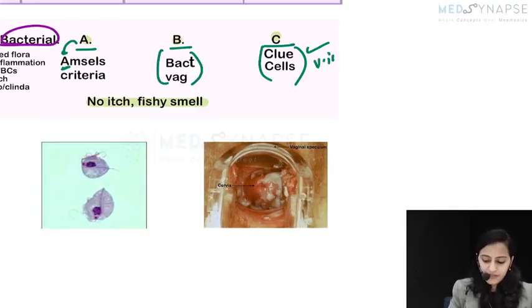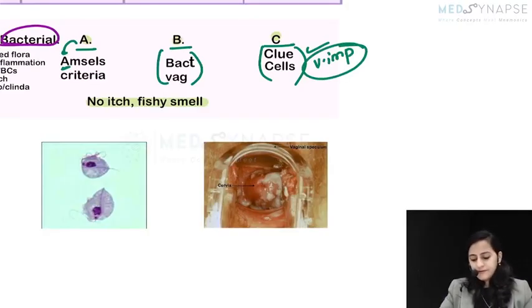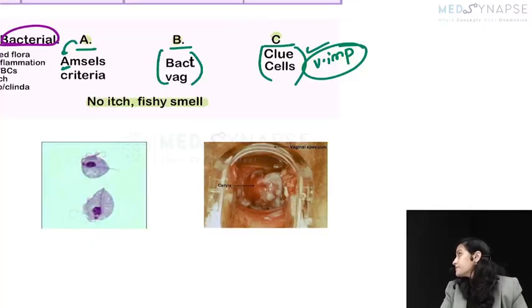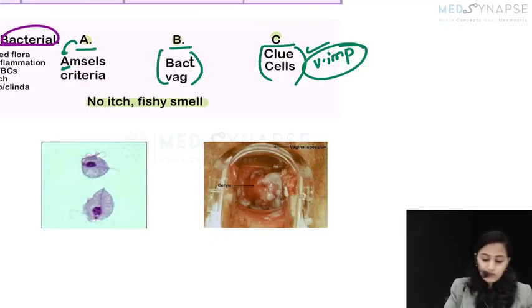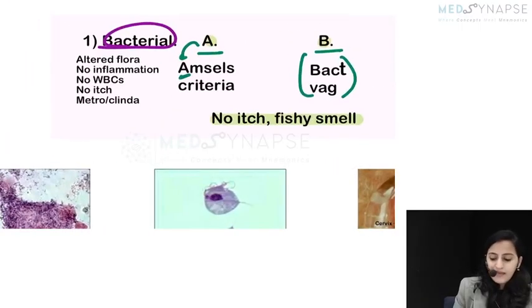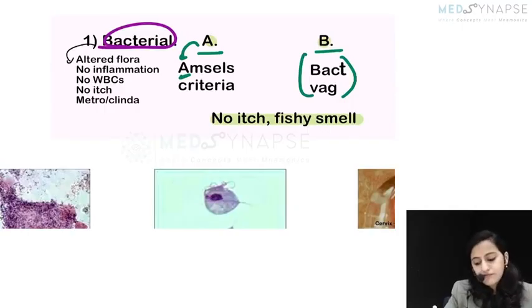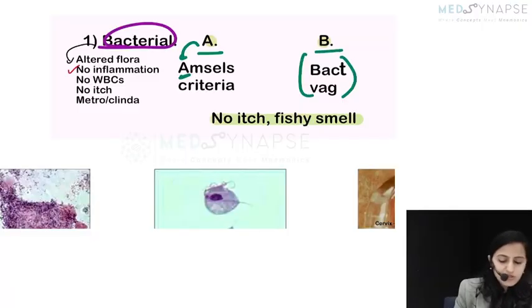Very, very important. So remember that Amsel's and clue cells is bacterial. Bacterial vaginosis is basically because of just the altered flora. So there is no inflammation, that means no WBCs, that means no itching.